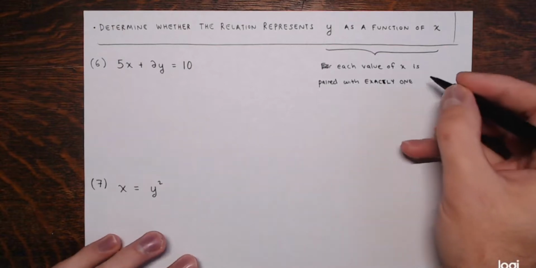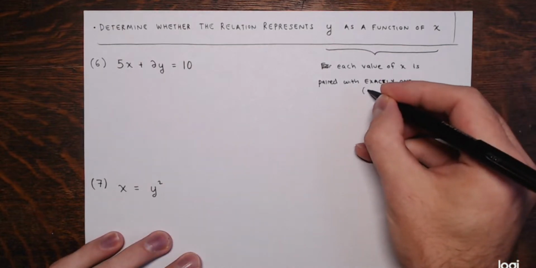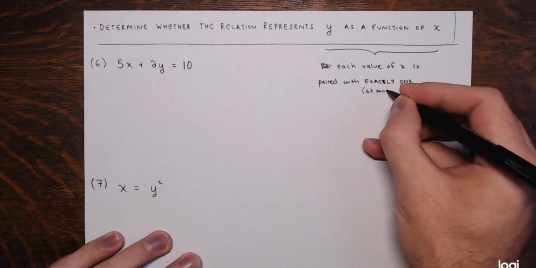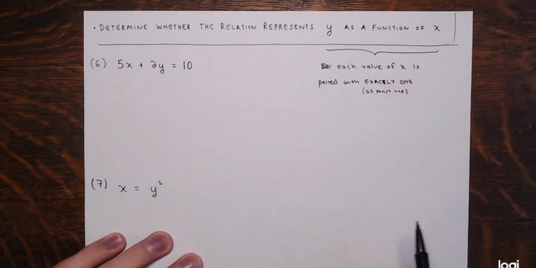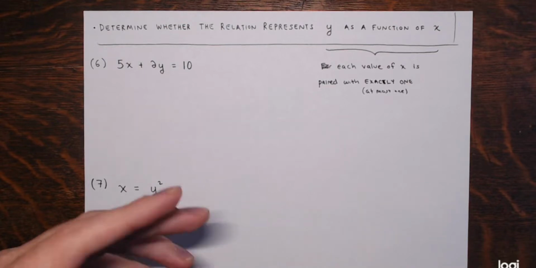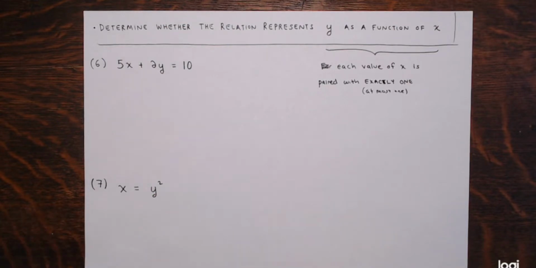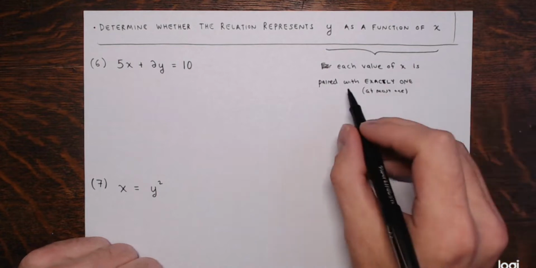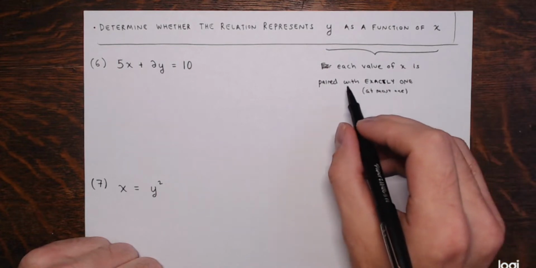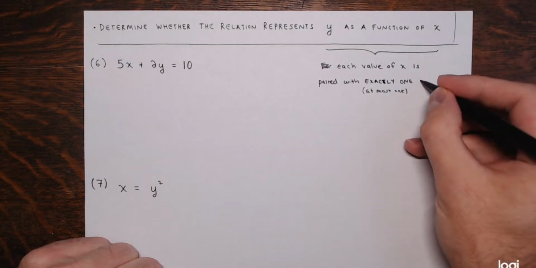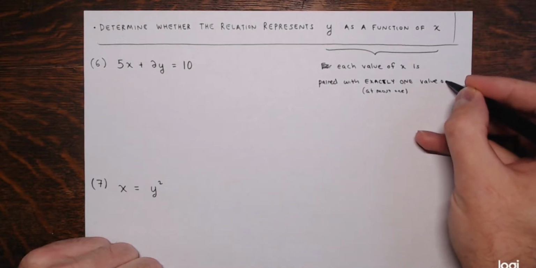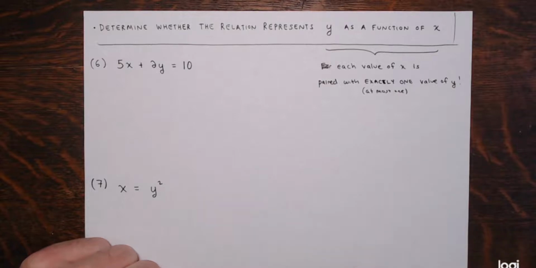So exactly one, or I should say at most one, because like I said, there are some values you can plug in that don't correspond to a y value at all, like that vertical line test where the vertical lines weren't hitting the graph. So each value of x is paired with at most one value of y. Same as I was writing earlier.